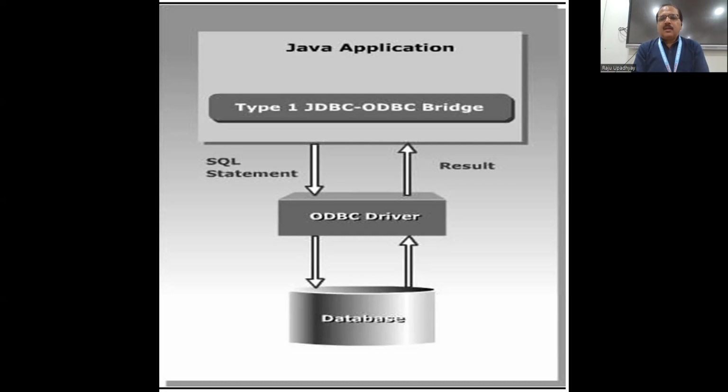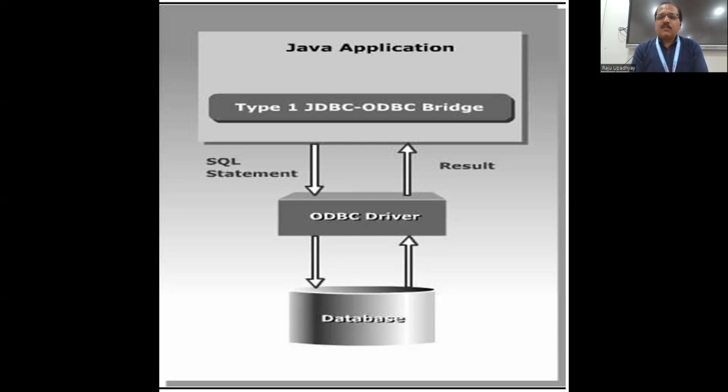Since this is the type 1 driver and the oldest driver available for communicating any Java application to any database, there was a problem initially. Your Java application was able to communicate only with those databases which had support for an ODBC driver.